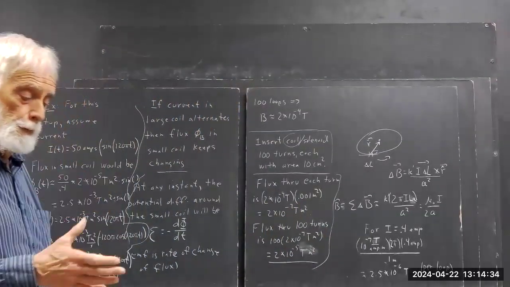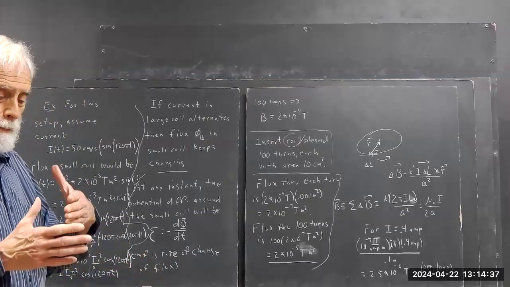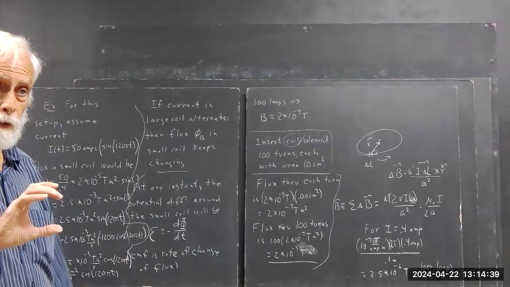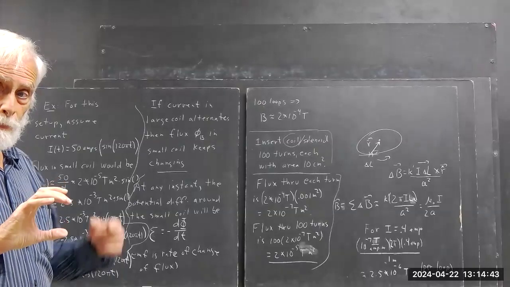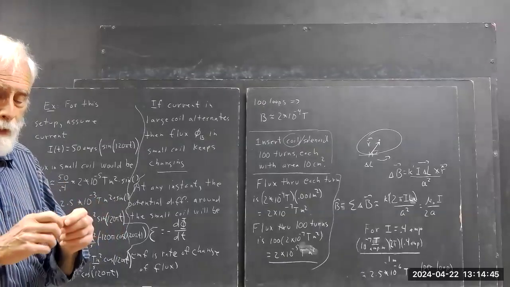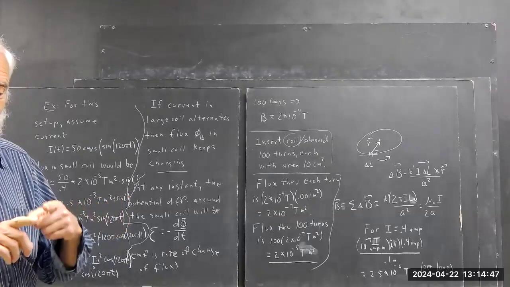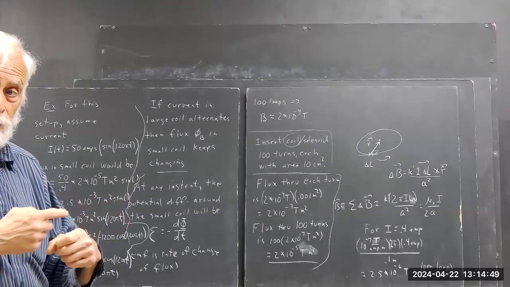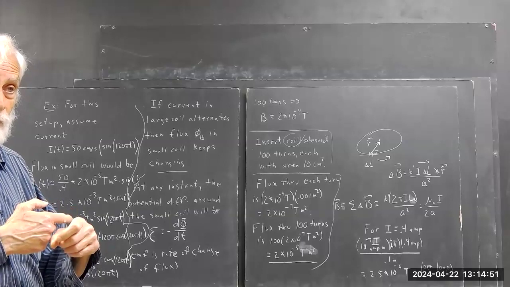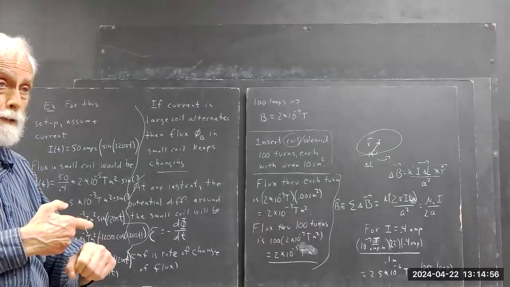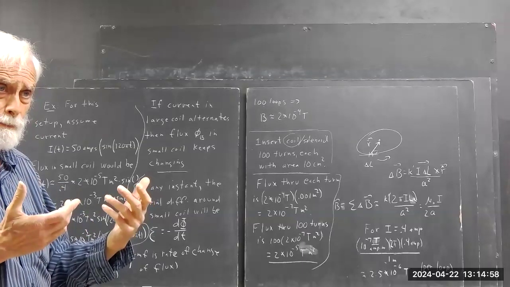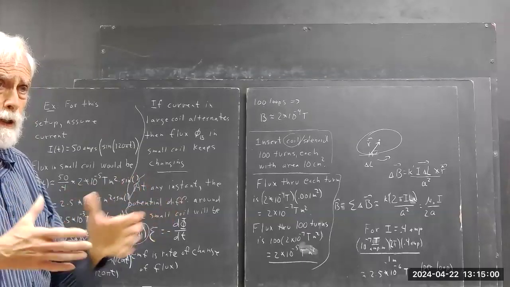But we have a picture of the magnetic field penetrating the loop and creating a flux. If we have an alternating current, then the magnetic field keeps growing. Okay, grows in this direction, shrinks back to 0, grows in this direction, shrinks back to 0, grows in this direction, shrinks back to 0, grows in this direction, shrinks back to 0. Does that make sense? 120 times a second.